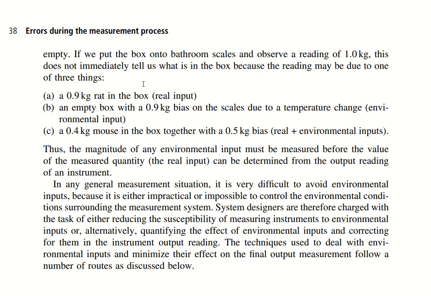Which three things? First, a 0.9 kg rat is in the box, which is a real input. Or an empty box with a 0.9 kg bias on the scale due to a temperature change, which is the environmental input. Or a 0.4 kg mouse in the box together with a 0.5 kg bias, which means there is a real input plus an environmental input, right?